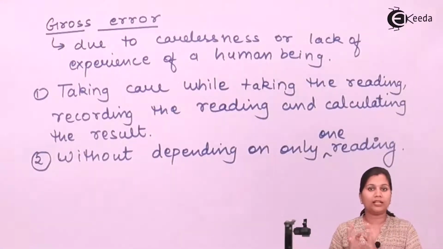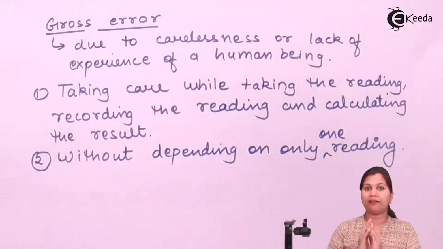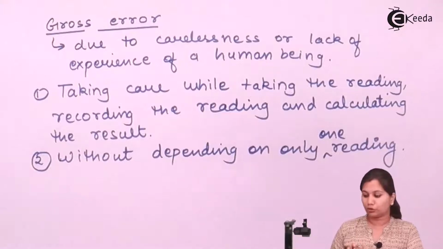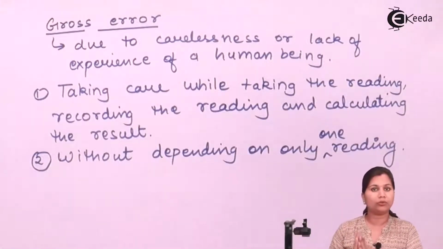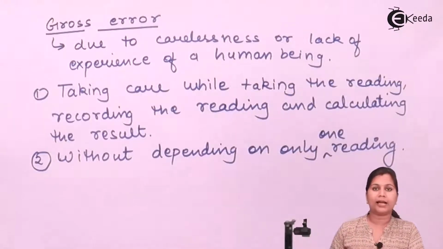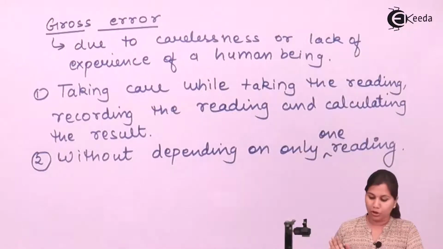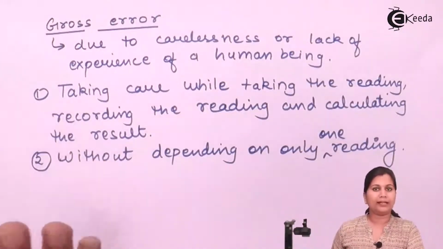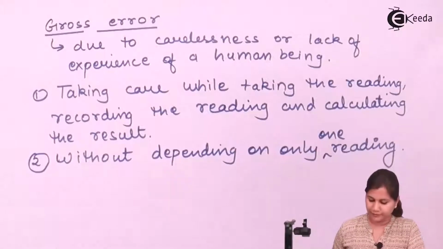If the readings come out different, it means that we have taken some wrong readings. So the observer should not depend on only one reading, so that any mistake that has occurred can be eliminated. This is the way in which we can eliminate the gross errors.